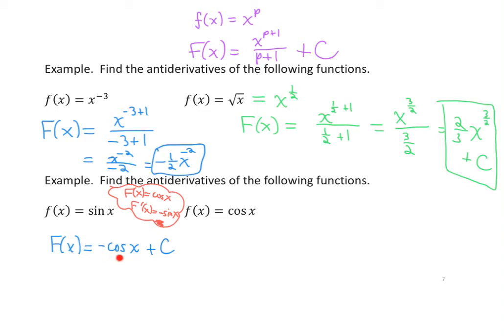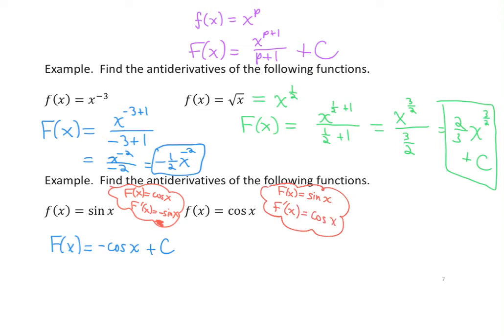Again, practice checking the antiderivative guess by taking the derivative of this answer and checking that it ends up where it should be. It should end up simplifying to exactly sine of x. Similarly, with little f of x equals cosine x, we would make a guess that the antiderivative would be sine x, because we know that the derivative of sine somehow involves cosine.